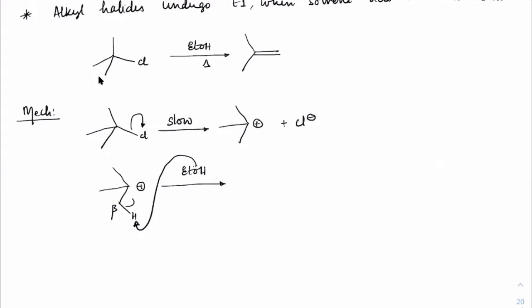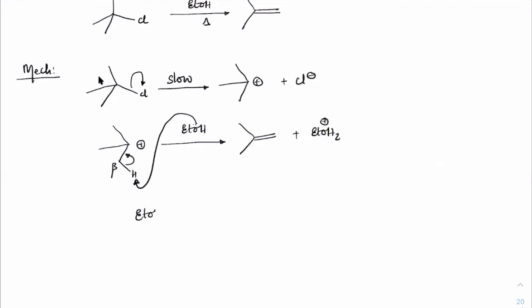And as it extracts, a double bond is formed here, plus ROH2+, and both of these react to form ROH2+ Cl-, eventually forming ROH plus HCl. The second step is the fast step.